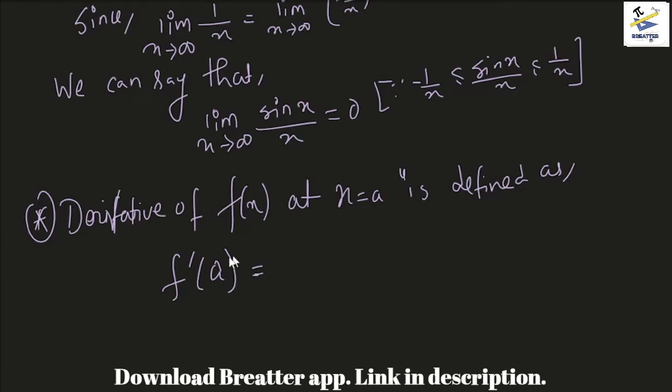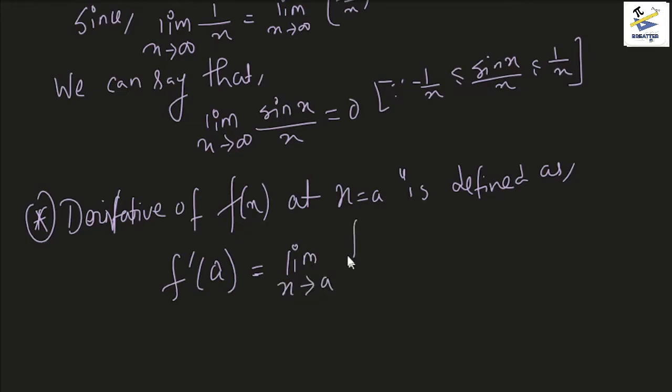So f dash a is basically equal to limit x tends to a f(x) minus f(a) by x minus a. So this basically is the definition of derivative. The value of this limit gives you the answer to f dash a.